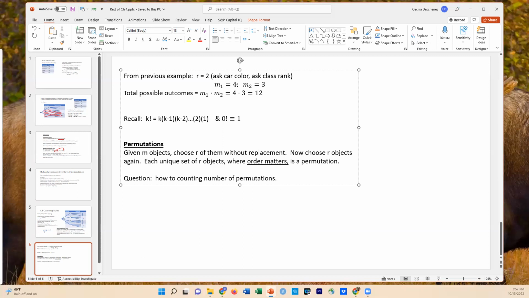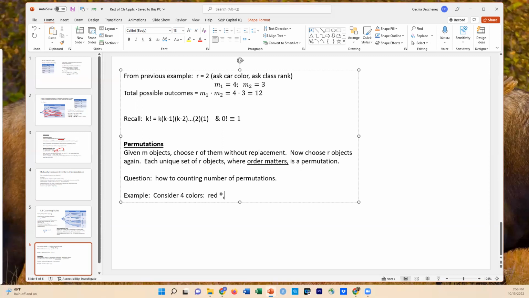So let's start out with an example. We're going to consider four colors.